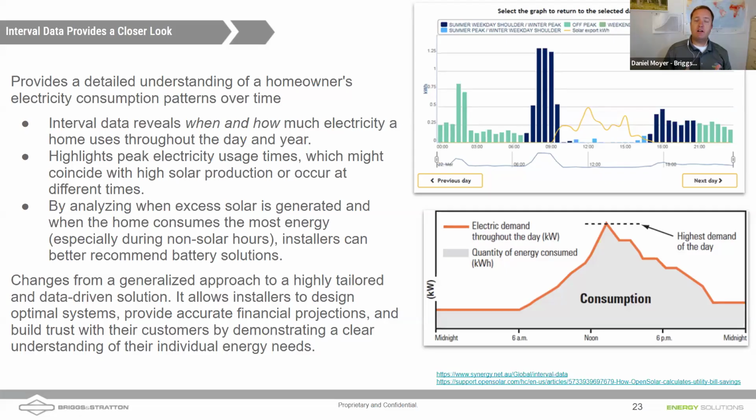But maybe it's a family that goes to work and school with the kids, and they all come home at night. So most of their energy consumption is during the evening time when the sun's not producing. If you just upload how many kilowatt hours they use per month, you're not going to get that level of detail that's going to allow this really powerful OpenSolar platform to crunch those numbers as well.